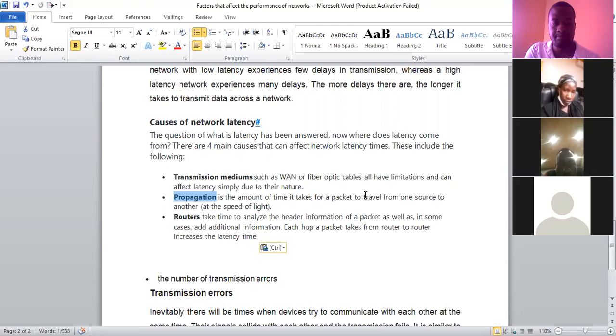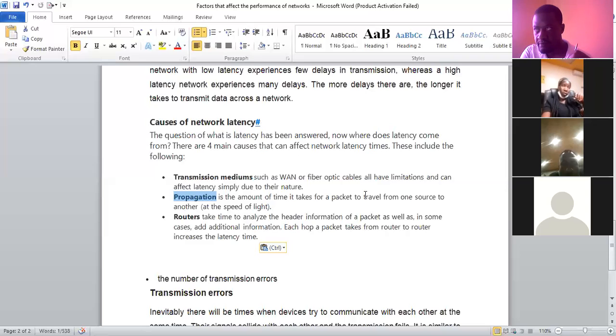Okay. Propagation. I think it's the message being divided into packets. It will not travel as one message, but it's divided into packets. It will send those packets to their destination to regroup and make that whole message.